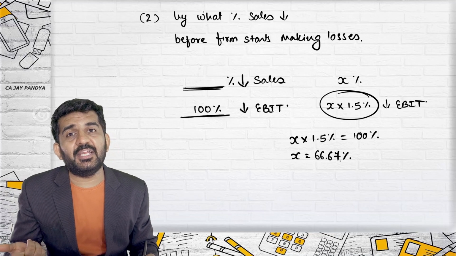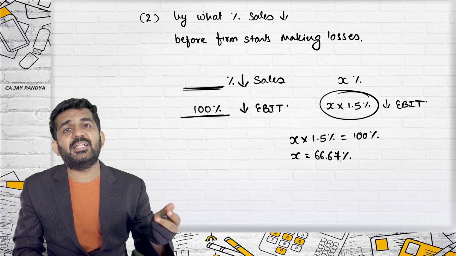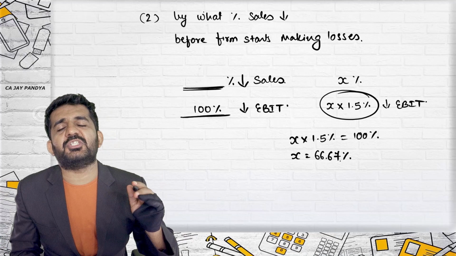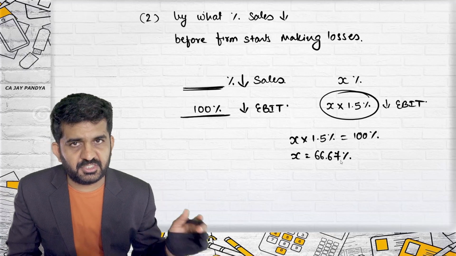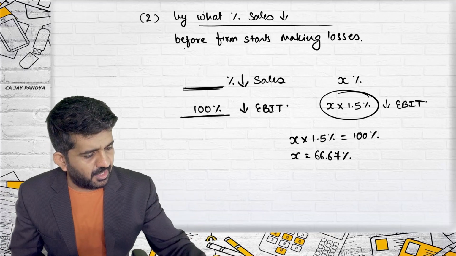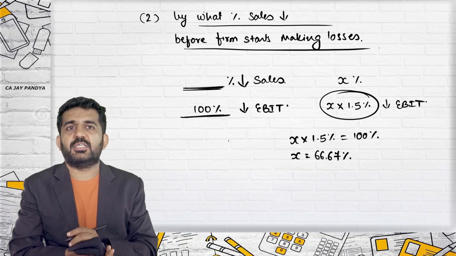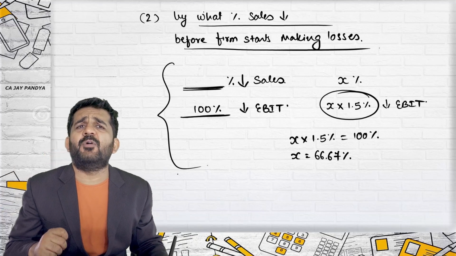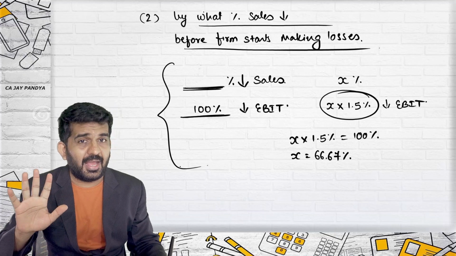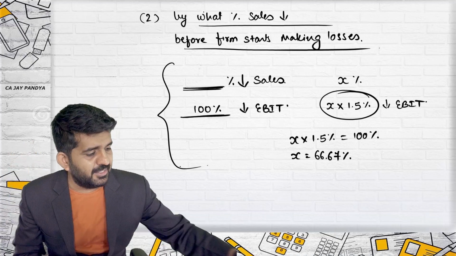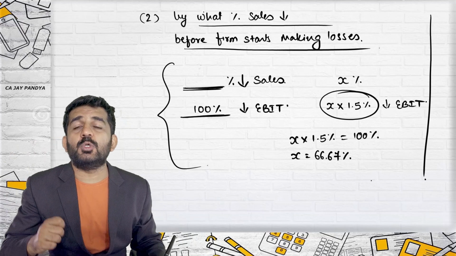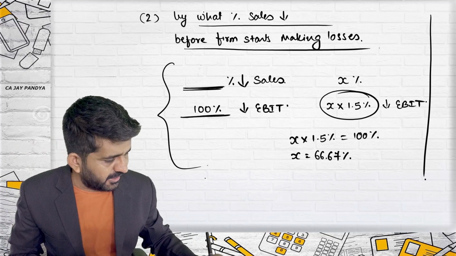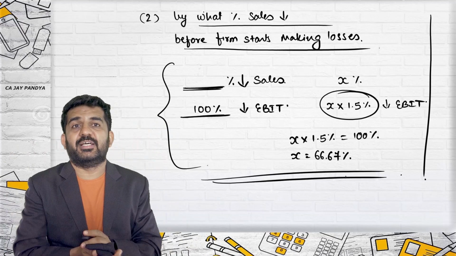If the sales decrease more than 66.67%, then the firm will start incurring losses. And this answer can be found out by a very simple method. I am doing it, but understand, if you want to actually learn the concept of degree of operating leverage, you should be able to do this.